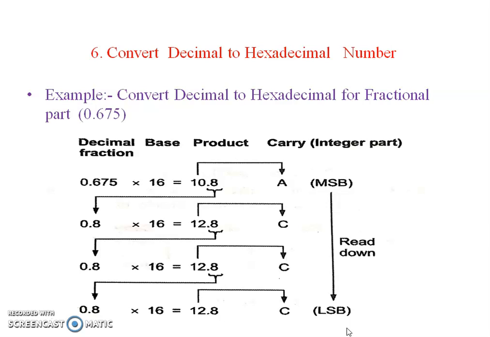The fractional part of the equivalent hexadecimal number is obtained by reading the integers from top to bottom, that means MSB to LSB. So our final answer is 0.ACCC to the base 16. It means that we have converted decimal to hexadecimal number for the fractional part.